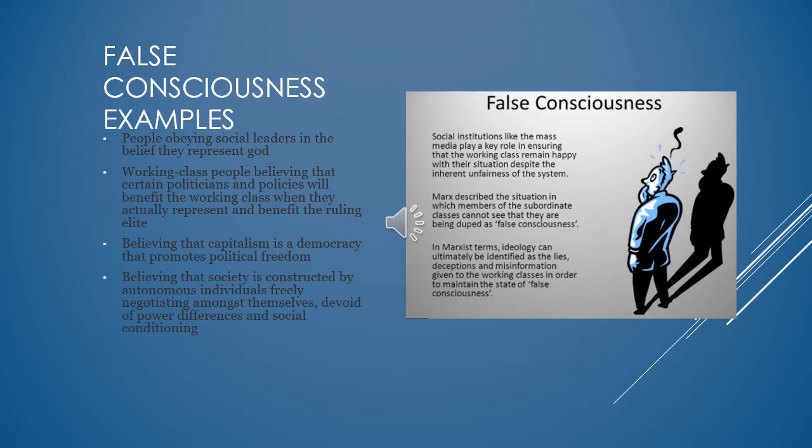Working class people believe that certain politicians and policies will benefit the working class when they actually represent and benefit the ruling elite. Believing that capitalism is a democracy that promotes political freedom, and believing that society is constructed by autonomous individuals freely negotiating amongst themselves, devoid, and this is key, devoid of power differences and social conditioning.